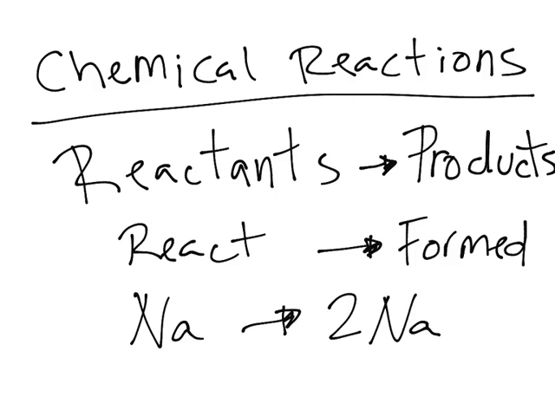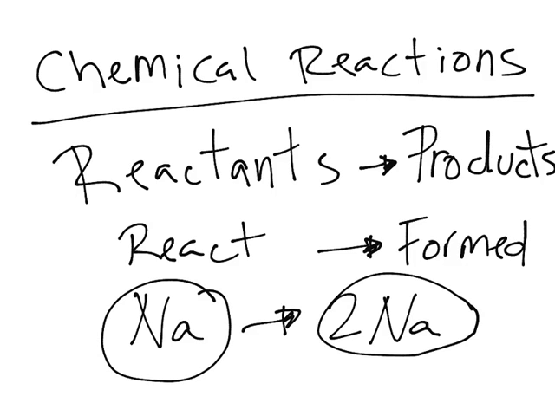So you cannot have one sodium here, and suddenly two sodium just appear. Matter cannot be created, so it has to be the same on both sides. So it will have to be two here and two here, and that is the basic concept of balancing a chemical reaction.